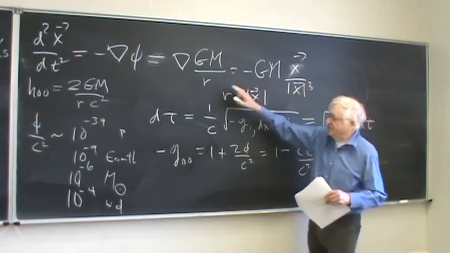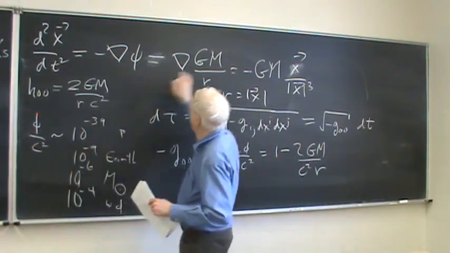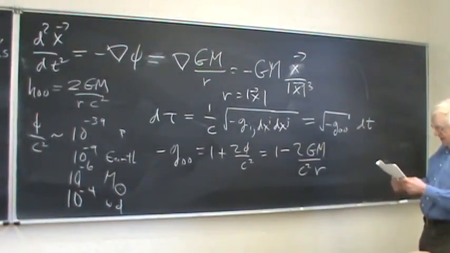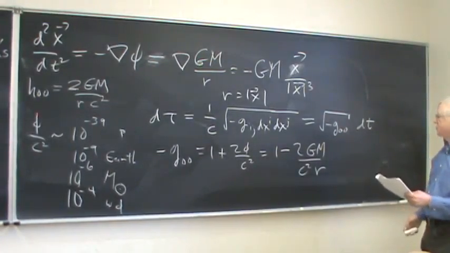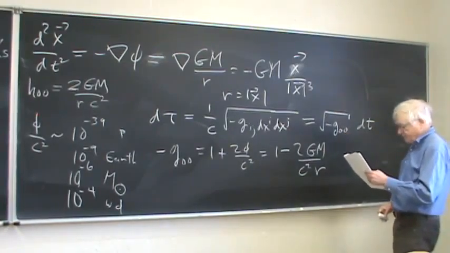That's just the same thing that we used over here, putting the two together, basically. So minus g00 is a little bit less than 1.